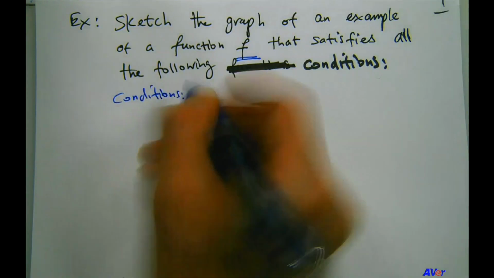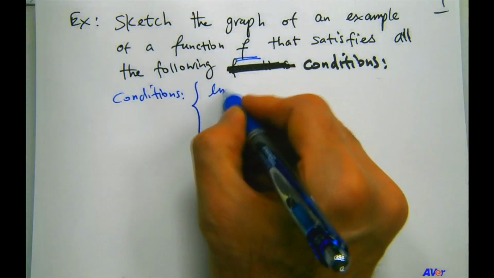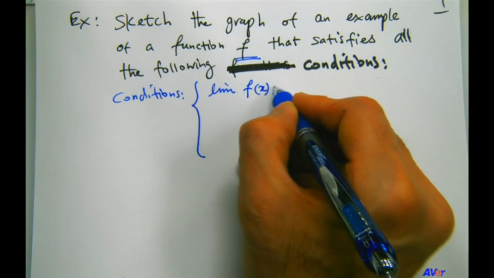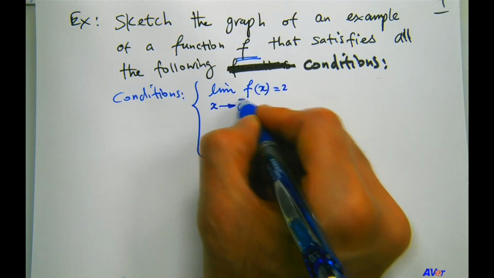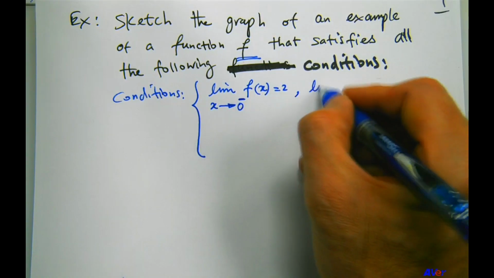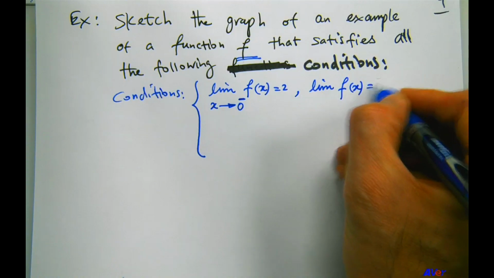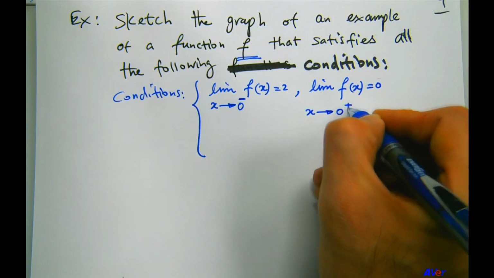And it should satisfy all of them, not one, all. So one of the conditions is that the limit of f of x equals 2 as x approaches 0 from the left. Limit of f of x should be equal to 0 as x approaches 0 from the right.